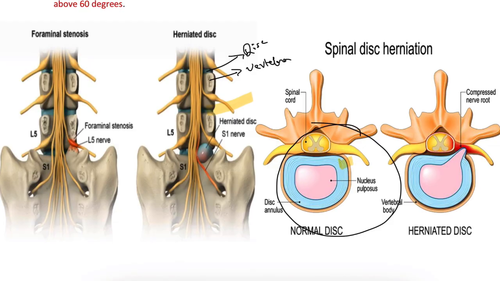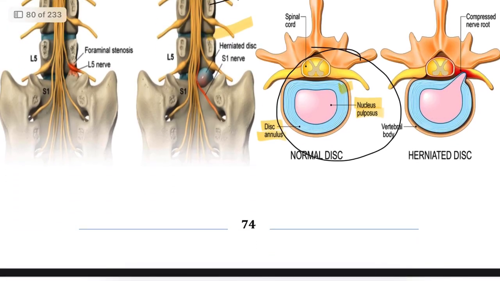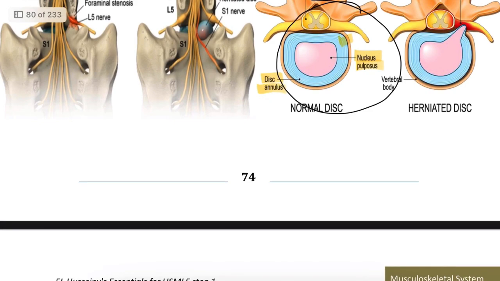One is the annulus fibrosus, or you can say the disc annulus. The other is the nucleus pulposus. The annulus fibrosus is a very tough outer ring.